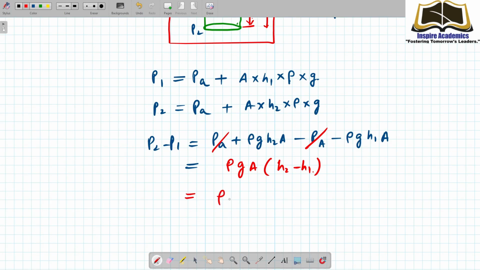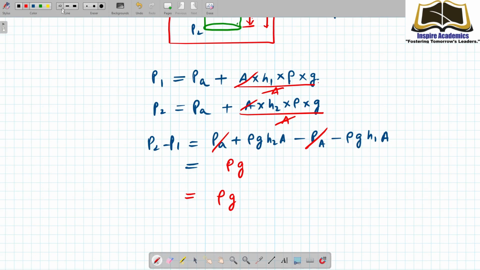So we are getting rho g and then A into H2 minus H1 is H. So actually, if you see, A H1 rho g is the total exertion of the force. So we have to know the pressure, we have to divide by area here also, and here also by area, correct? So A will get cancelled here. So what shall we see? We rather will not see any A over here.